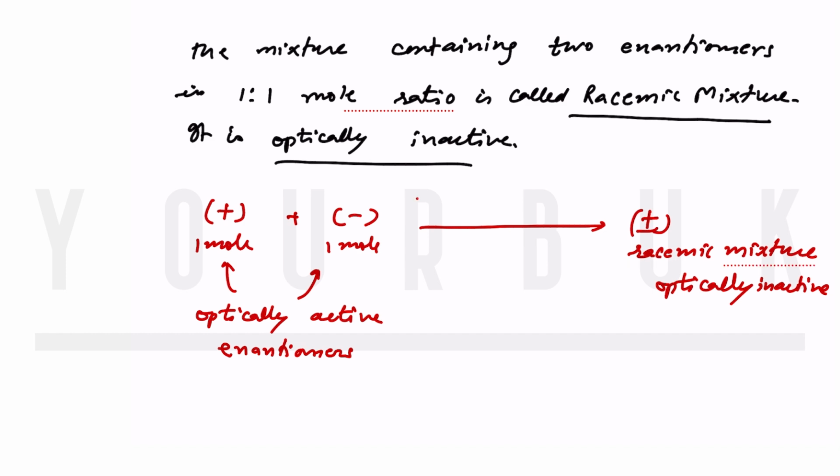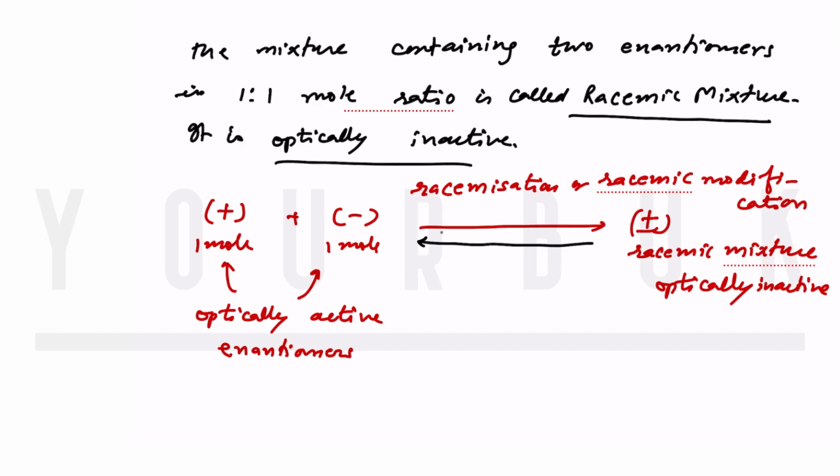This process is called racemization, or this is called racemic modification. But we can also convert the racemic mixture back into pure enantiomers, means we are splitting the racemic mixture into two enantiomers. This is called resolution.